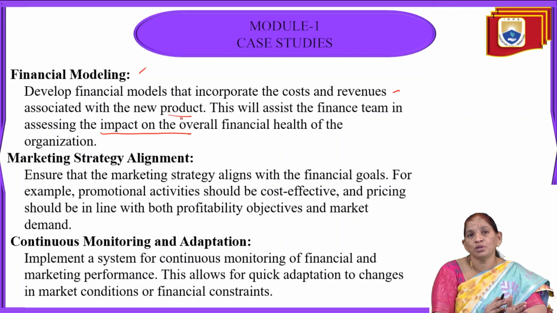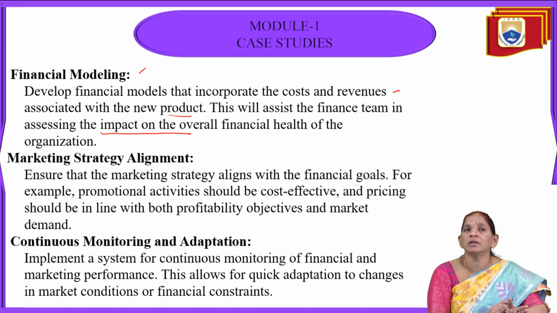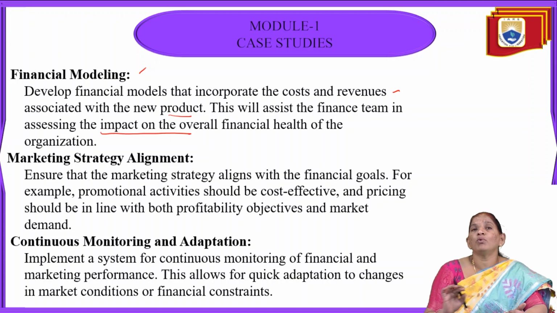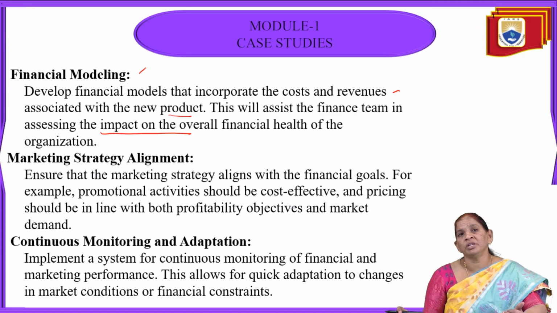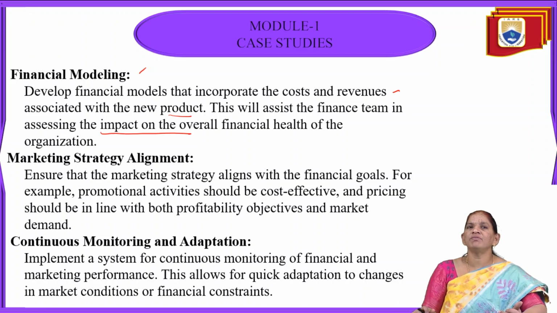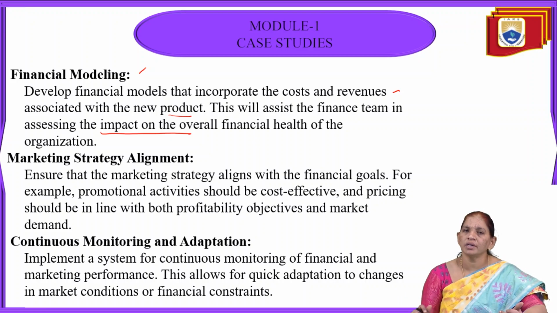And this financial modeling will show us the impact on financial health, meaning whether the organization is in profit and good health. If it is not in profit, or is getting a loss by evolving a new product, then automatically its condition is weak. So this financial modeling will help us to identify the healthy or profitable financial environment of a company.